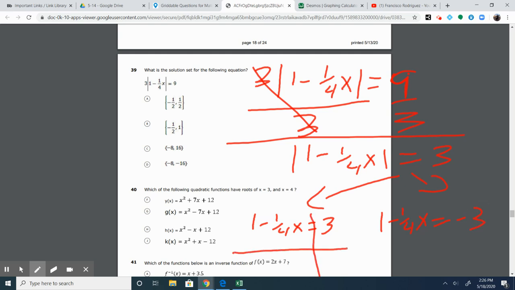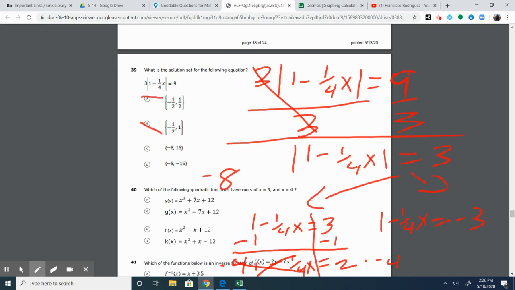So now we're going to solve that and subtract 1 on both sides. So we have negative 1/4 x is equal to 2, because 3 minus 1. And we're going to multiply both sides by negative 4. That cancels out. Now we have 2 times negative 4, which is negative 8. So that's our first solution.